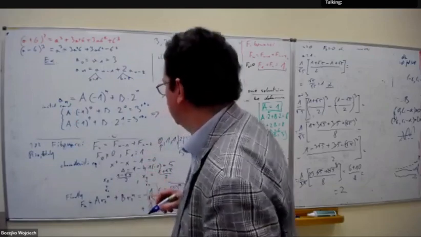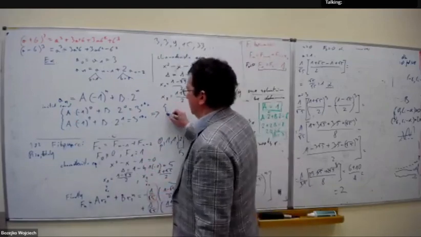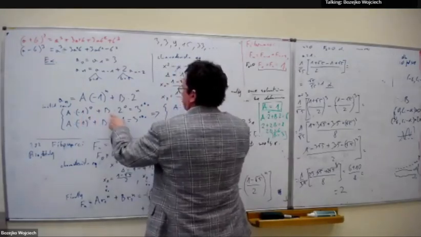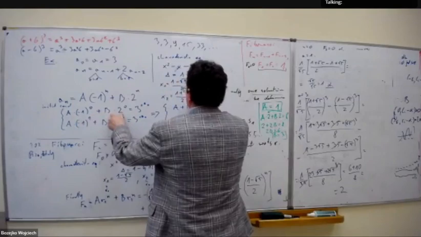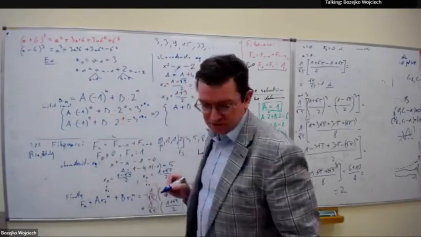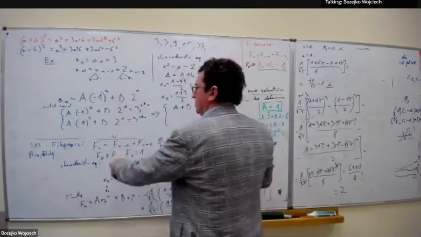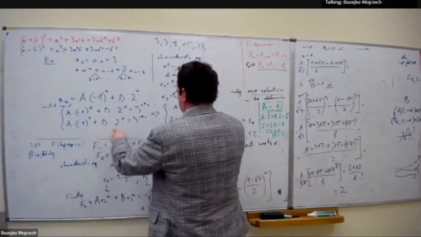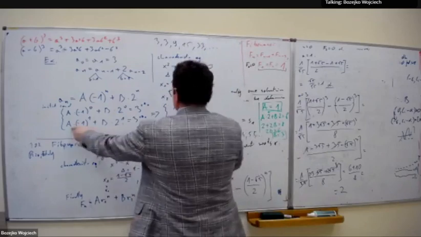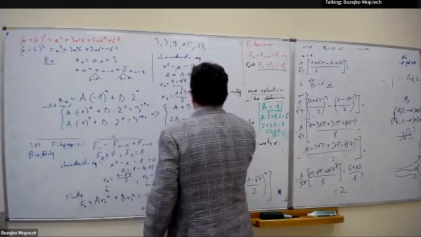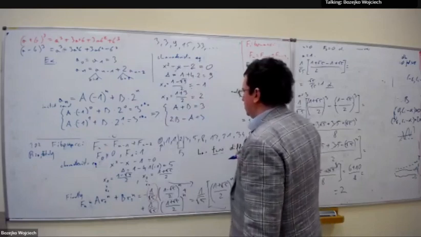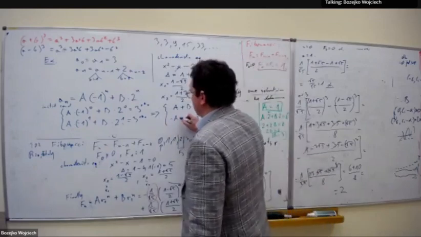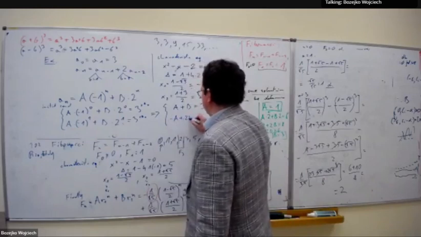So we have, this is 1, this is also 1. So a plus b should be 3. And from here, we have 2 times b minus a, and this should also be 3. This is quite easy. Maybe I will write it in such a form: minus a plus 2b.